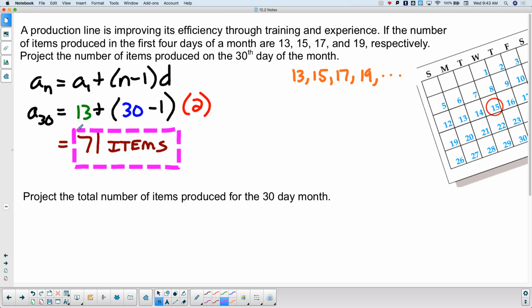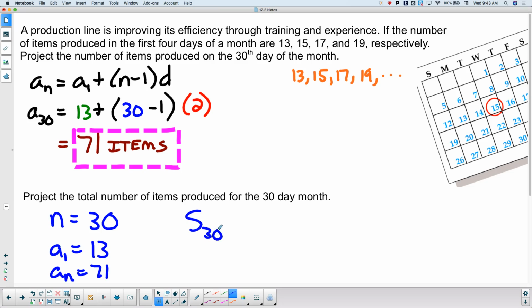Okay? Project the total number of items produced in the 30-day month. So what's the total number of terms? 30. What's the first term? 13. What's the last term? 71. So the sum of the first 30 days is going to be 30 divided by 2 times 13 plus 71.